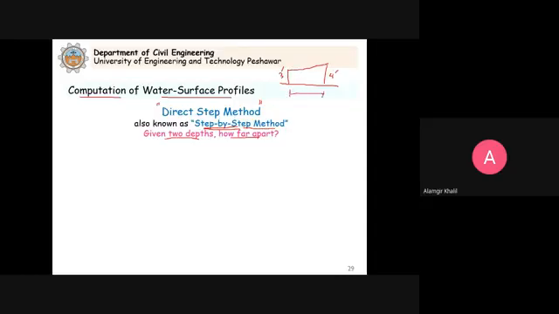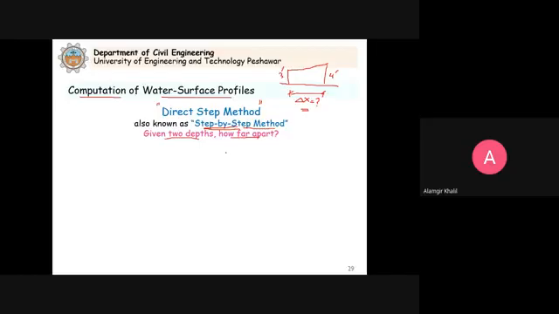Given two depths, how far apart are they? We have already developed the theory for this. Now let us see step by step how we proceed, and we will solve the problem for computation of water surface profiles using this method.